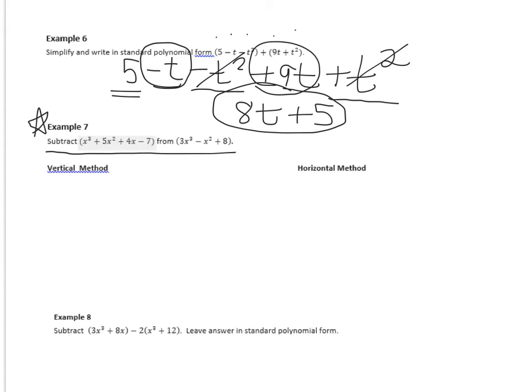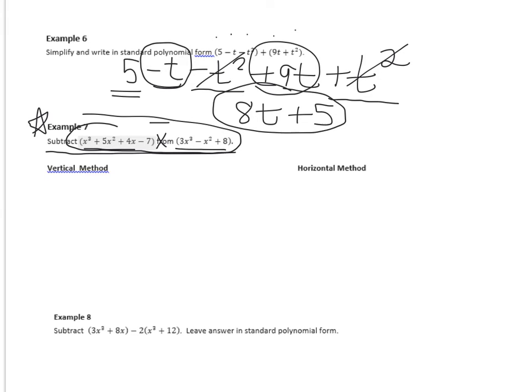When it says subtract this polynomial from this polynomial, a lot of students will think that that's just take this and take the word from out and put a minus in between. Well, the order's wrong if you do that. If I subtract 5 from 10, well, when you write that down, that doesn't mean 5 minus 10, does it? If you subtract 5 from 10, that's 10 minus 5.